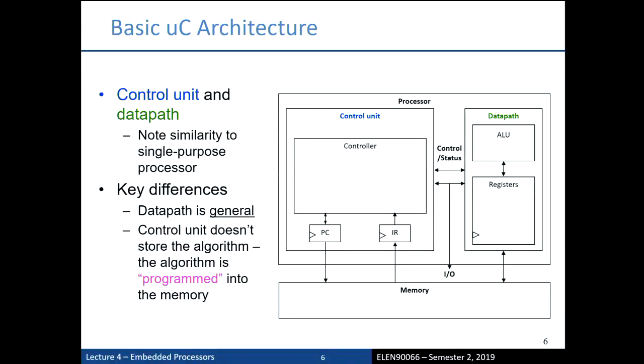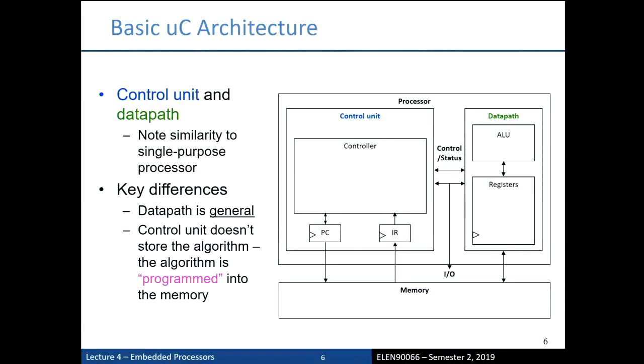A single-purpose processor might do a very specific task that you never program again, for instance a dishwasher controller. That doesn't have a port for me to get my laptop and start changing the program. It's burnt in there forever and will do its thing forever. So it's very similar: it has a data path and a control unit.